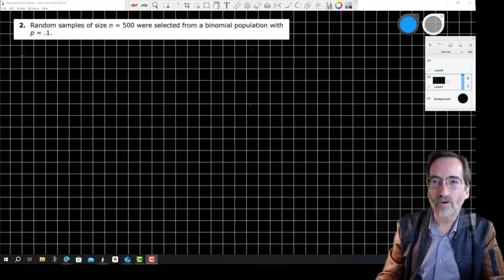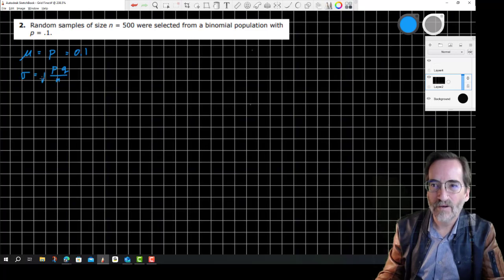So for a normal distribution, we need two statistics. We need the mean. The mean in this case is the probability of winning, so the mean is 0.1. The standard deviation in this case is the square root of the chances of winning times the chances of losing divided by n.